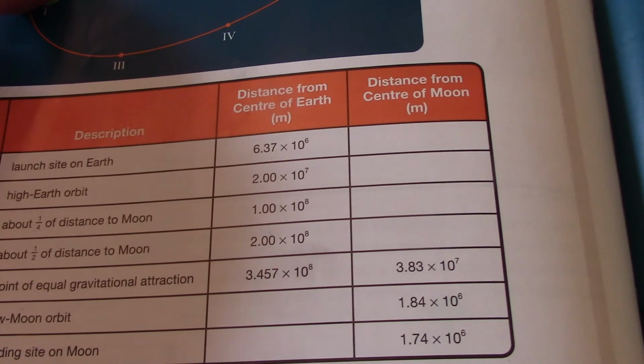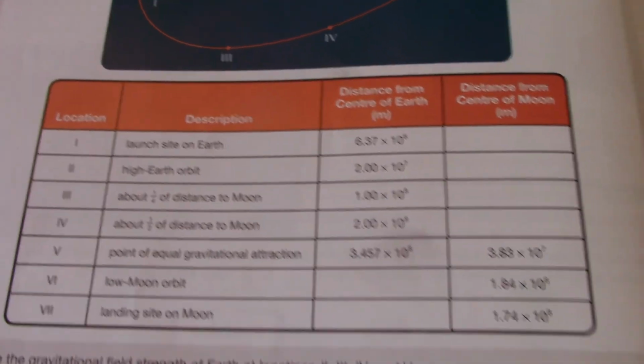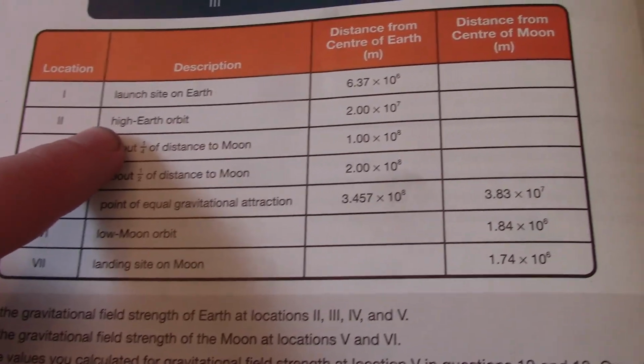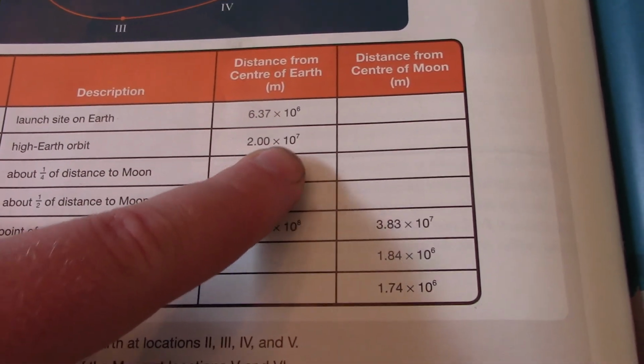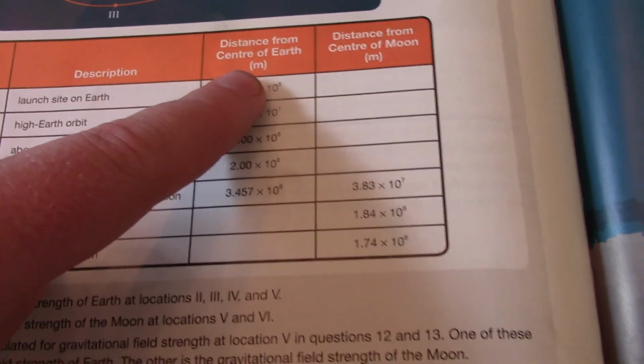It shows a space vehicle on a mission to the moon. And you have the location 1 on Earth, 2, 3, 4, 5, 6, 7. Those are your locations where you do your calculations. So let's look at 2 right here. The satellite or moon object in high Earth orbit is 2.0 times 10 to the 7th meters away from the center of the Earth. So let's calculate the gravitational field strength of that.